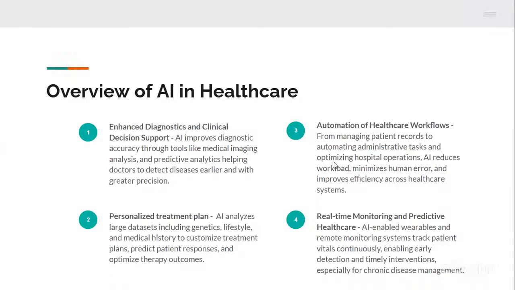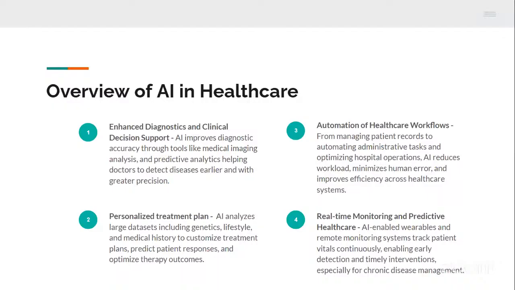The next way is a personalized treatment plan. How about an AI analyzes my particular data set, my medical history, and customizes the plan specifically for me. It analyzes my sleep pattern, stress level, blood pressure, and heart rate, and gives specific advice for a particular surgery or other things. So this comes with a personalized treatment plan.